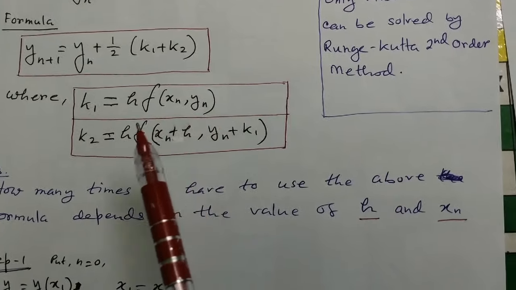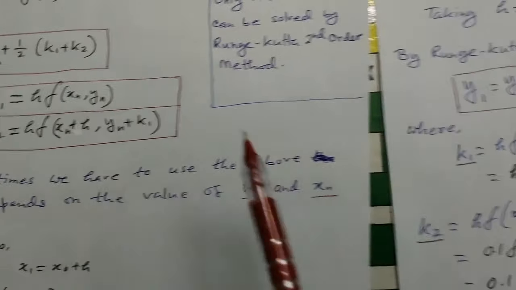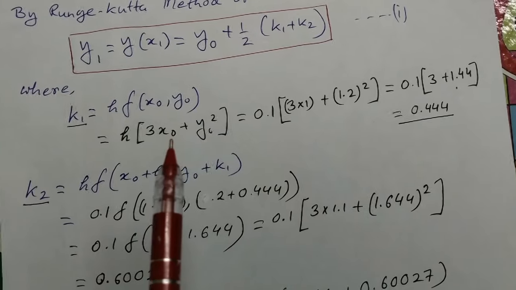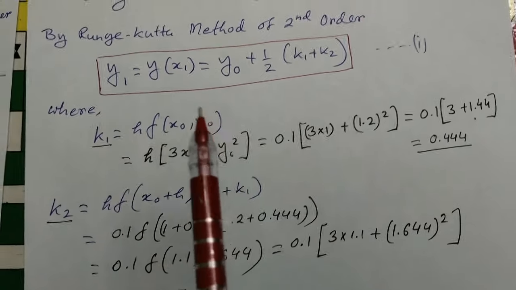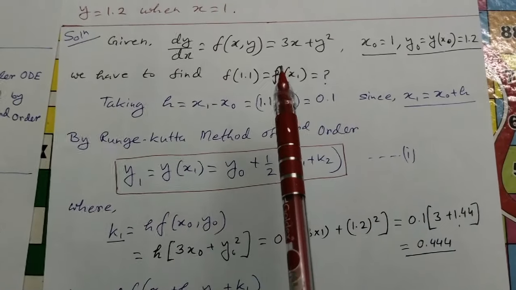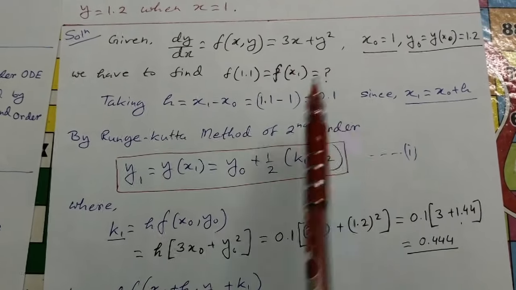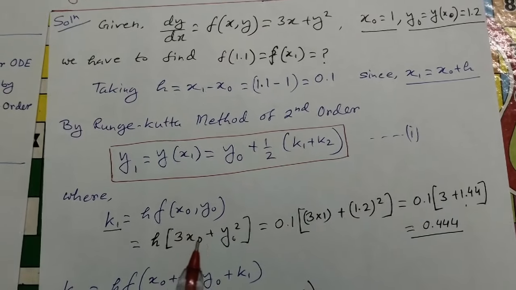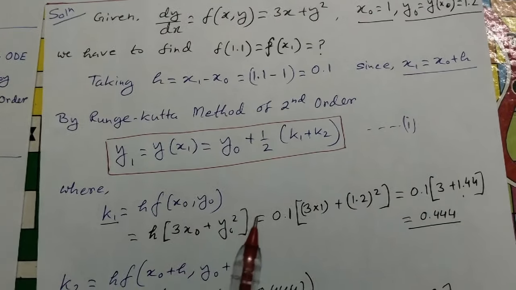Putting n equals 0, we get h f(x0,y0), so h into (3x0 plus y0 squared), as the function f(x,y) equals 3x plus y squared.